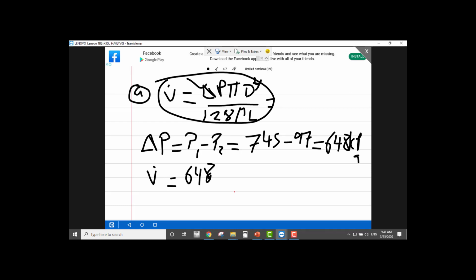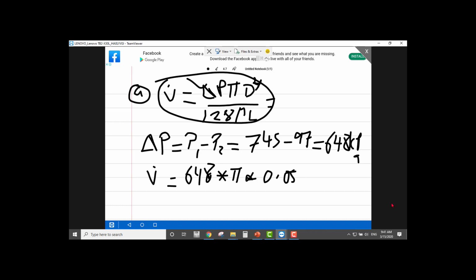Okay. Now this is 648 multiplied by, this is kilopascal for sure, multiplied by diameter, and the diameter is 5 centimeter. Okay, 5 centimeter, if we convert it to meter, then it will be 0.05.